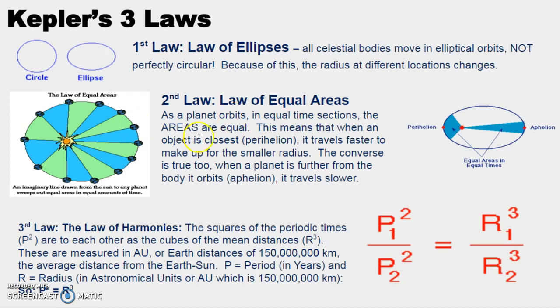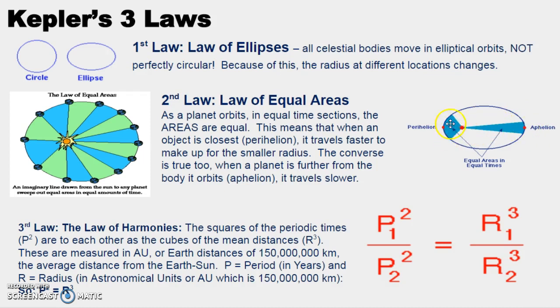This means that when an object is closest, which we call perihelion, the closest point of the orbiting body to the object that it's orbiting, it actually travels faster to make up for the smaller radius. Notice it's closer here, so it has to travel faster when closer, and when it's further, or at aphelion, it has to travel slower.